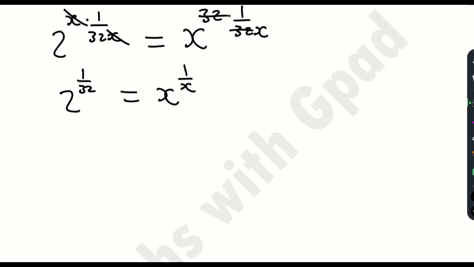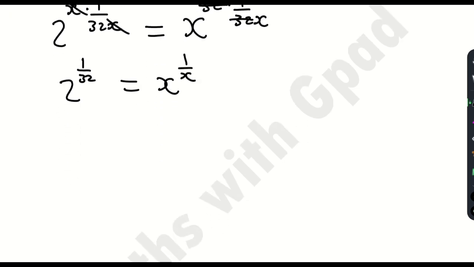Now we're almost there, but not there yet. As you can see, this is 2, this is 32. Different numbers. But this is x and this is x. So for us to simply say x is equal to a given number, because the value of x has to be consistent, the base here and the denominator of this fraction have to be the same for us to say x is equal to that value.